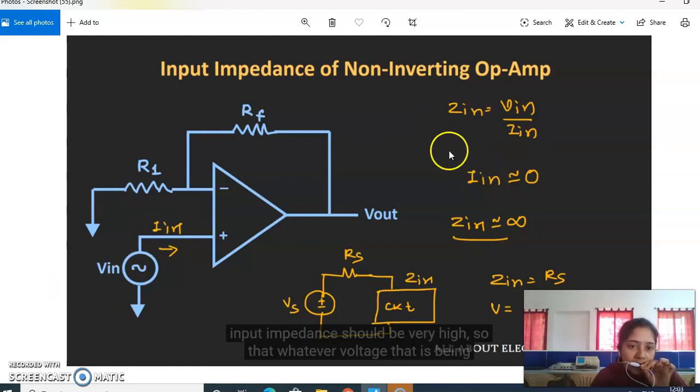In is the current flowing through the terminals of the op amp. According to the input offset current, In equals 0. According to the virtual ground concept also, the terminals of the op amp should not draw any current. So In equals 0. Thereby, if In equals 0, something divided by 0 means Zin will become infinite.